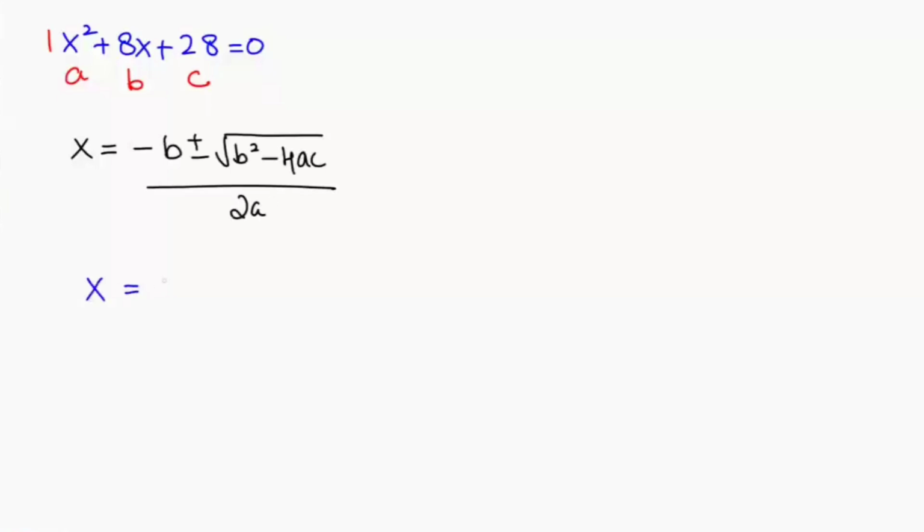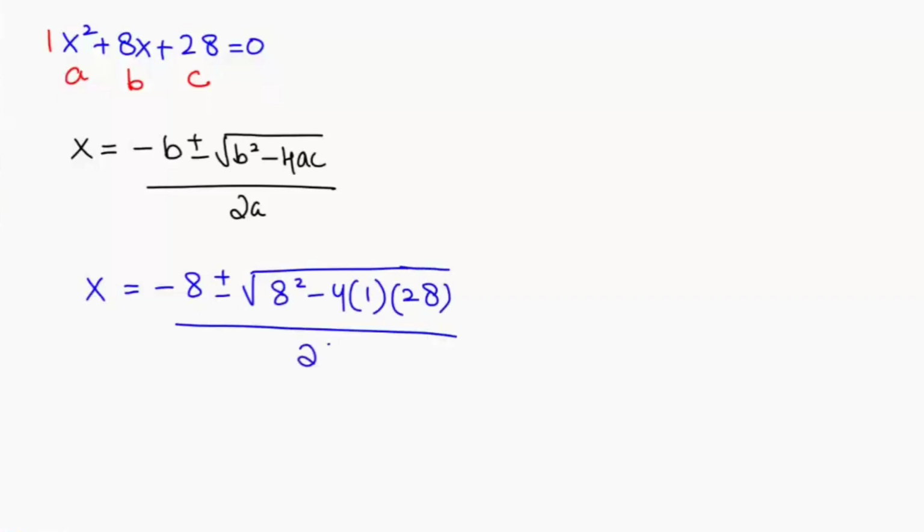X is equal to minus b, we have 8, plus minus root 8 square minus 4, 1, and c we have 28, over 2 and 1.